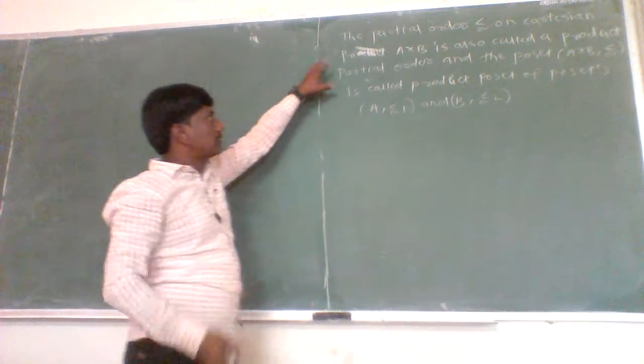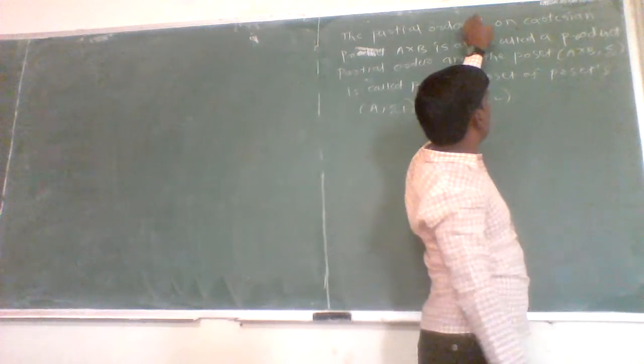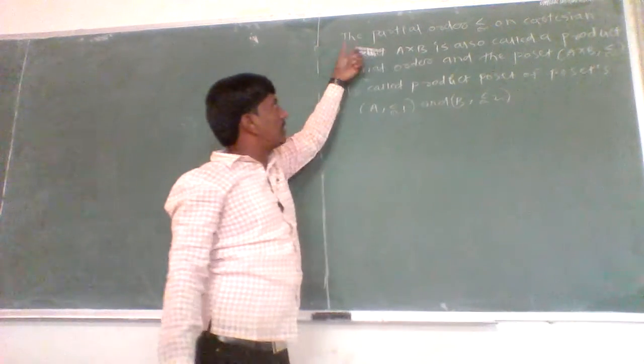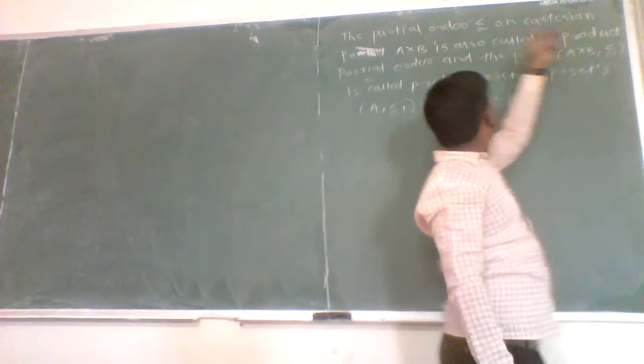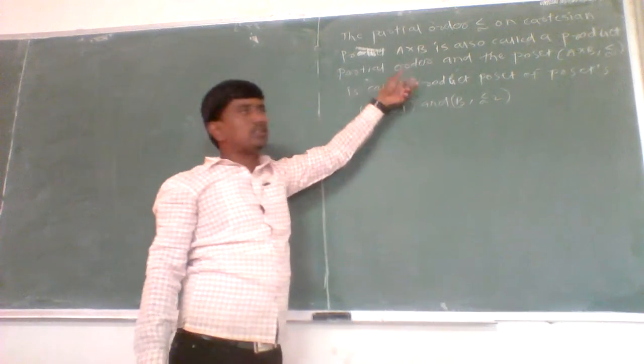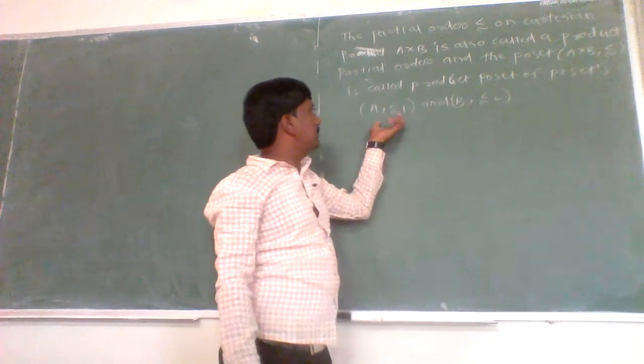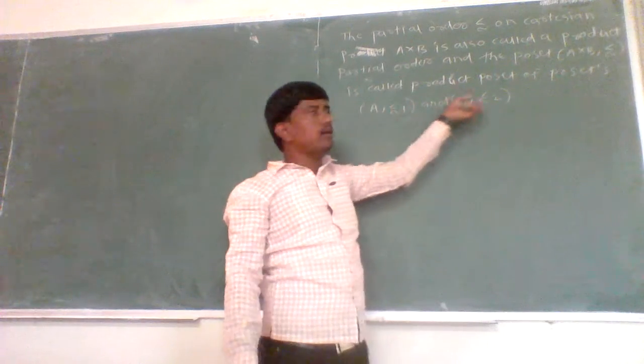If the partial order with this relation on a Cartesian product A cross B is called a product partial order, the poset A cross B is called a product poset, which is a product of two posets A and B.